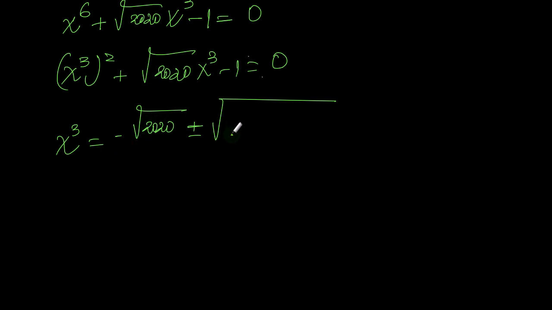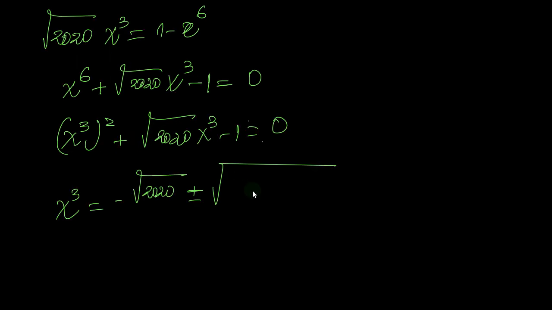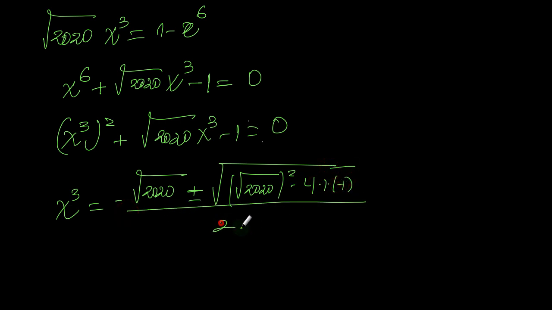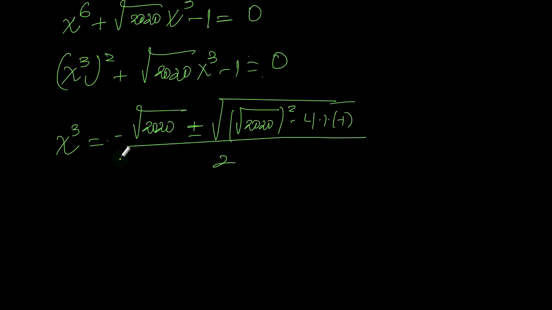So we're gonna have then let me see properly if we have this correctly. Okay, perfect. So we're gonna have then here square root of 20 to the power of 2 minus 4 times 1 times minus 1, which is c, and divided by 2 times a is 1.